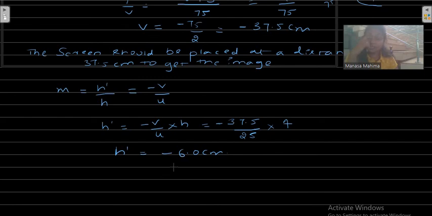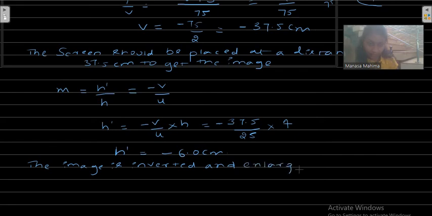Since you are getting with a negative sign, what does it mean? The image is inverted, right? Only if you are getting the inverted image, then only you will get the h prime to be negative, right? The image is inverted and enlarged.